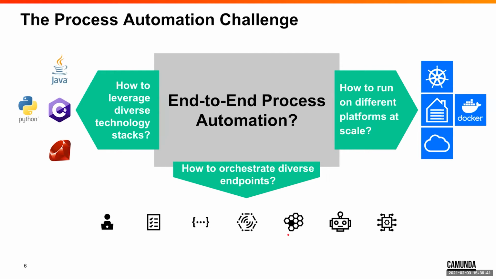If it is APIs, you want to call REST APIs, SOAP APIs. If you have human end users in your process, or you want to leverage RPA robots, we are speaking of RPA today, or AI, artificial intelligence components. The list is endless, you name it. And then, as just heard on the slide before, you maybe run traditional technology stacks on premise, or you already run stuff in the cloud with modern technologies like Docker and Kubernetes and so on.